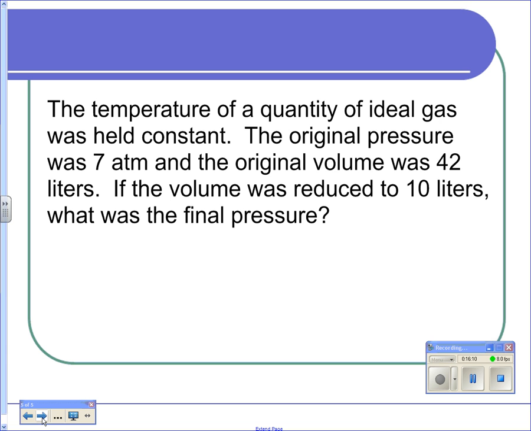Okay, we can take out the temperature. Why? Because it's constant. Okay. Do they give you the temperature anywhere in there? No. Because it doesn't matter. When they say it's held constant, they're not going to give it to you. Does that make sense? What is the normal formula for this?